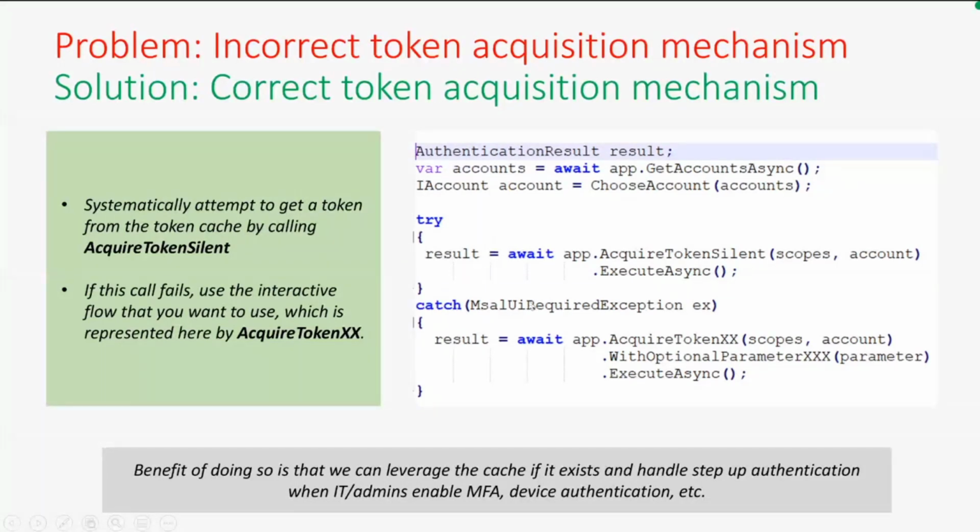But if you are failing and we actually get an MSAL exception, then we capture it in a catch scenario and then use an acquire token interactive.